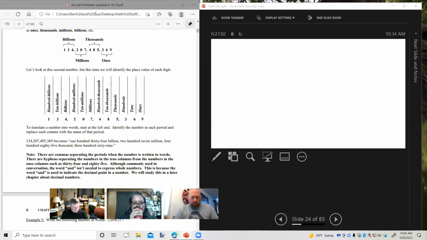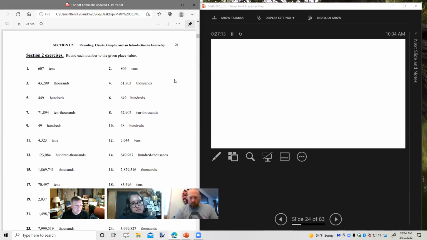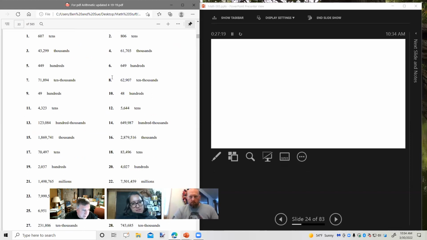Now we're going to look at some examples. It says to round each number to the given place value. First of all, we have the number 607, and it says to round it to the tens.